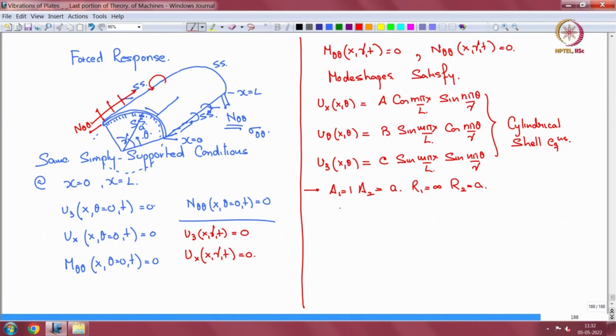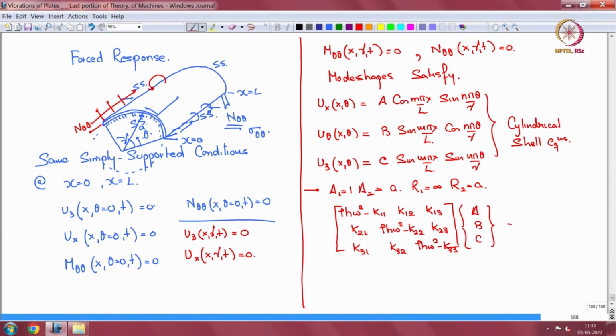Then you get, as before, a matrix: rho h omega square minus k11, k12, k13; then k21, rho h omega square minus k22, k23; then k31, k32, rho h omega square minus k33, multiplying A B C, equal to 0.